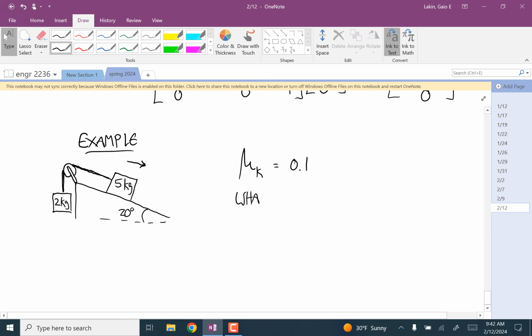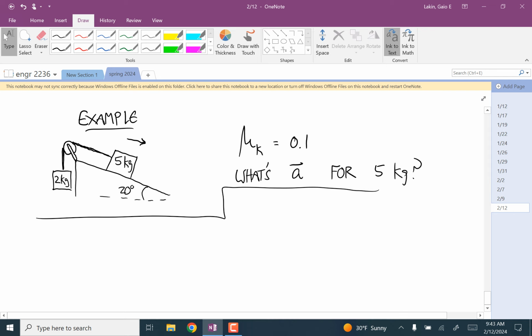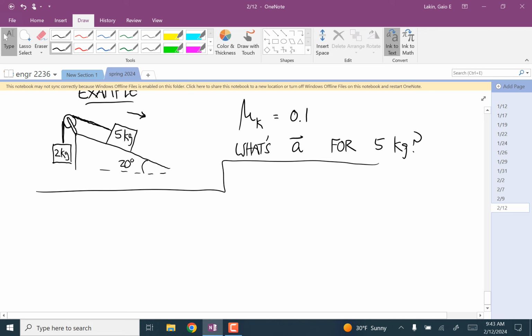We want to calculate the acceleration vector for the 5 kilogram. Okay. So we're going to choose one of these as the first body and one as the second. I guess I'll do the one on the incline first, but it doesn't matter which order you use.